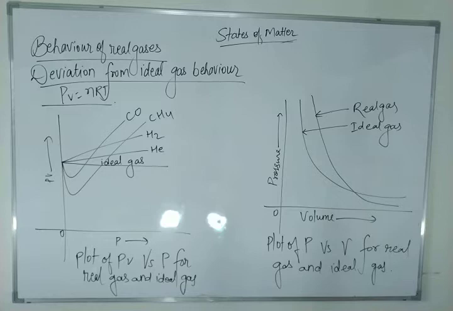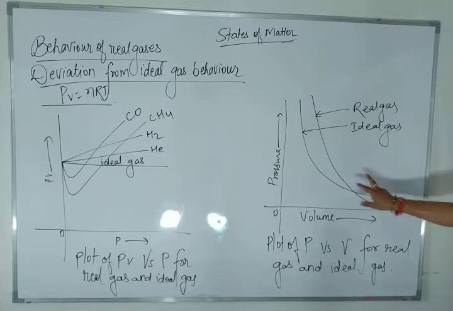After that, the pressure-volume value starts increasing and the curve crosses the line for the ideal gas, and after that it shows positive deviation continuously. It is thus found that real gases do not follow the ideal gas equation perfectly under all conditions.